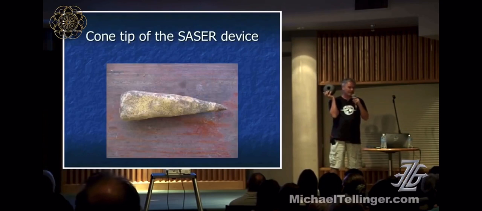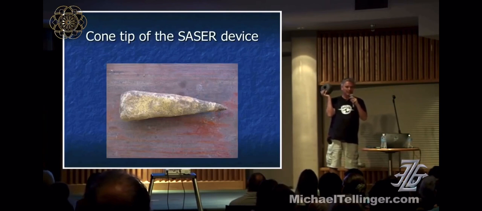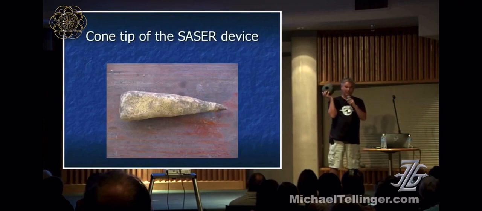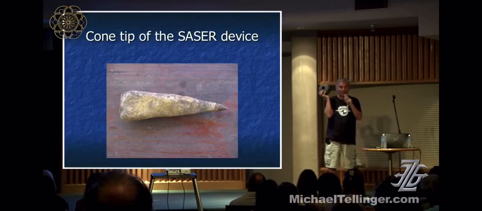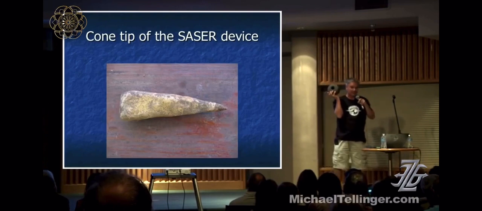I've had lengthy discussions, hours and hours of discussions with some of the smartest physicists and scientists in Germany and in Croatia when I was on tour there, about how this technology works. And let me tell you, they are so excited about this. They just want to lay their hands on these cone-shaped tools and these stones. So we're going to have to do some serious research. But guess what? You need money for that.